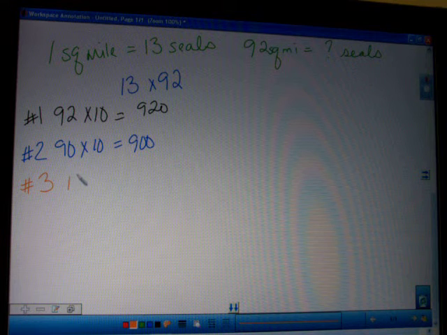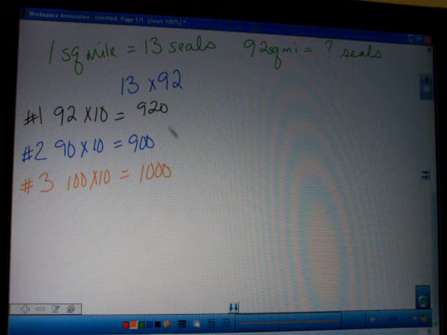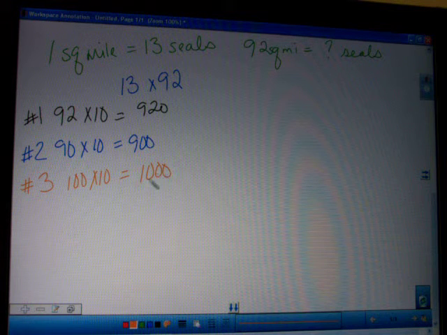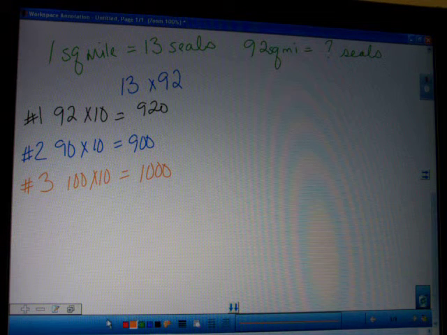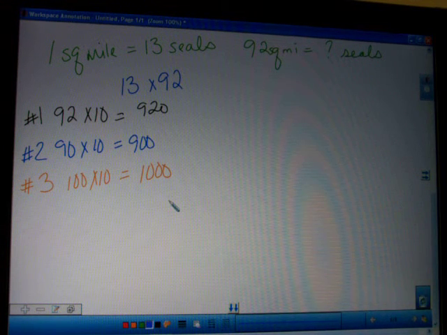I'm going to make it 100 times 10, and that equals 1000. So depending on how you estimate, you can either round one factor, round both factors, or change these into compatible numbers. There is no wrong way to do this when they're asking you to estimate. The trick is to make sure that you show your work, show the numbers you are using.